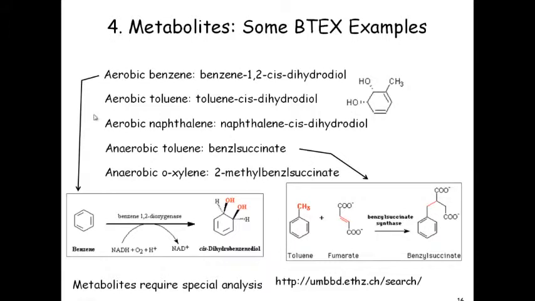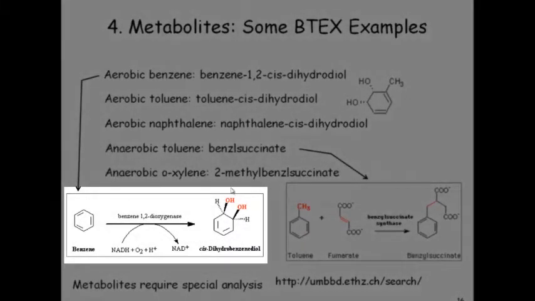One of the metabolites of aerobic benzene biodegradation is benzene 1,2-cis-dihydrodiol. It's apparently quite unique. So if we find this chemical, we can confirm that benzene, in fact, is undergoing aerobic degradation.